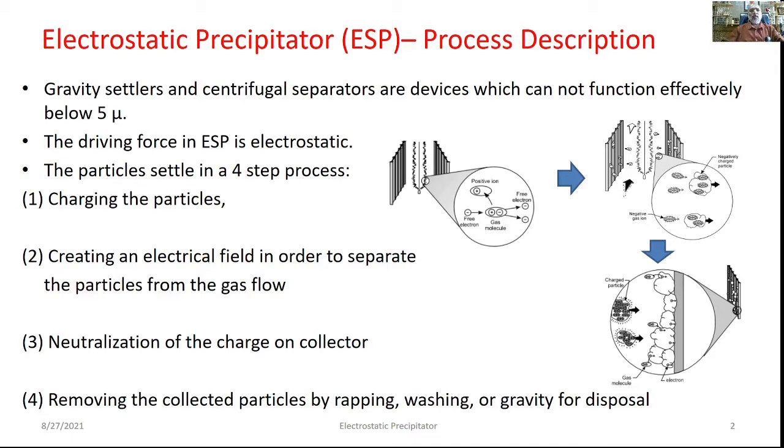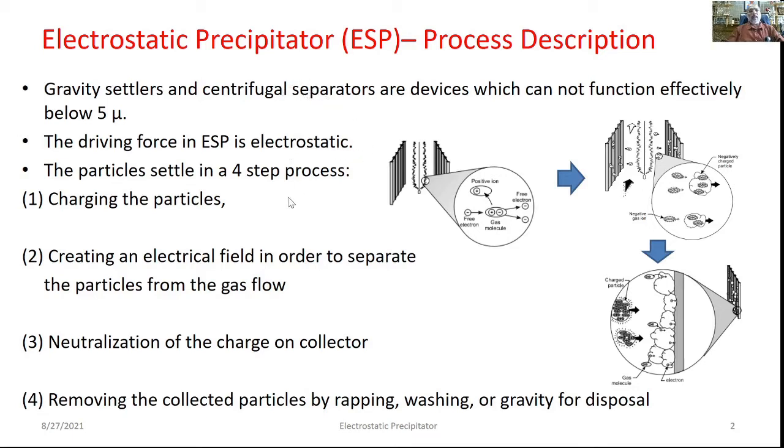Hence, we have to have some powerful means which will be able to catch particles finer than these 5 micron. Electrostatic precipitator is such a device which employs the electrostatic force in order to catch those particles.